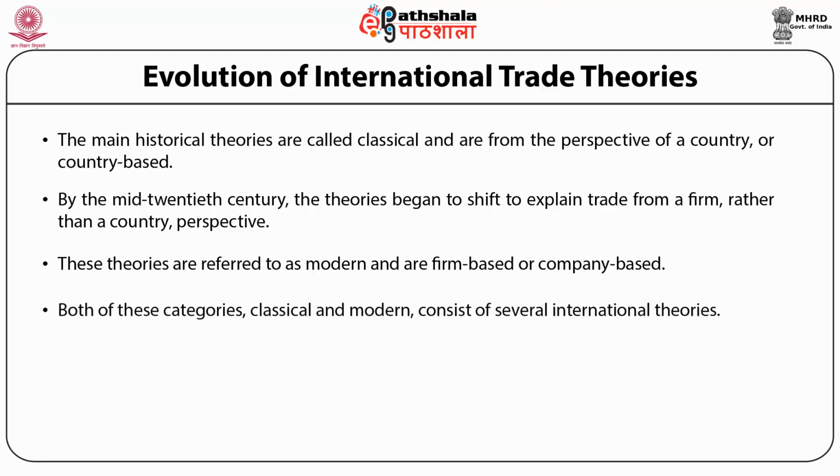Both of these categories, classical and modern, consist of several international theories. Here in this module, we are giving a brief overview of the theories, which are discussed in detail in other modules.